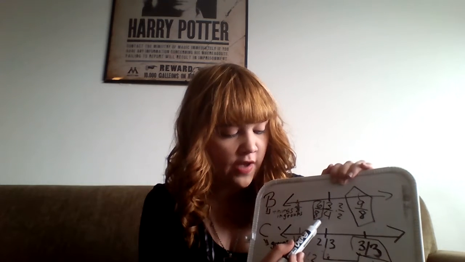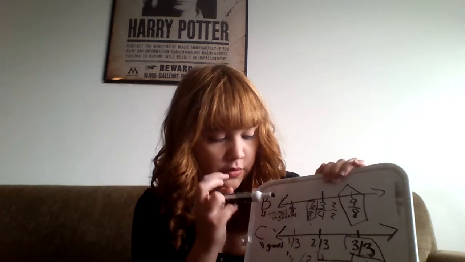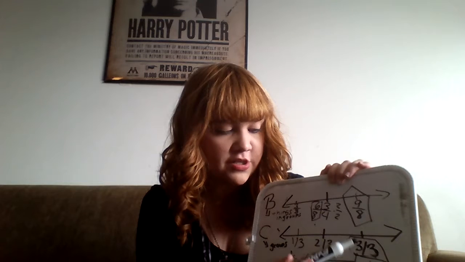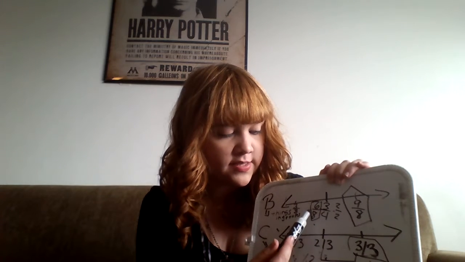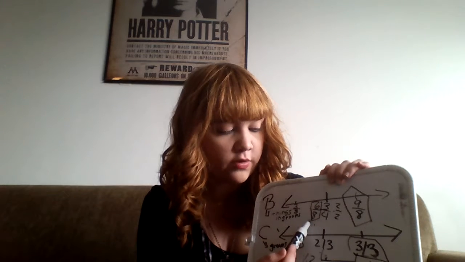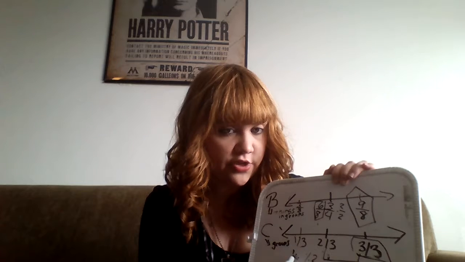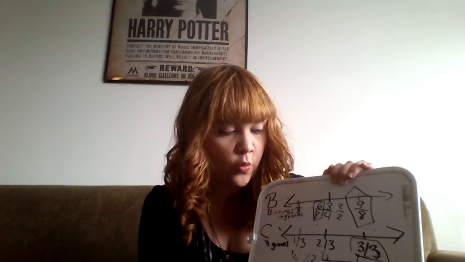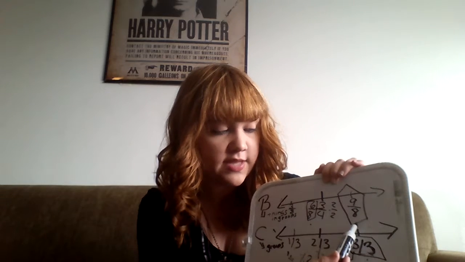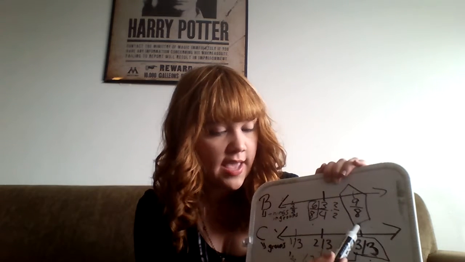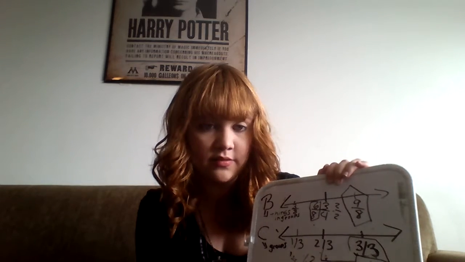So 3/4 divided by 2 was 3/8. So to find out how much it takes total, we added our 2/3 amount, which was the 6/8 or the 3/4, you can look at it either way, added that to our 3/8, which was the 1/3 amount, to get our full 3/3, which 6/8 plus 3/8 equals 9/8. So it took 9/8 of a pan of brownies to make enough brownies to feed our entire class.